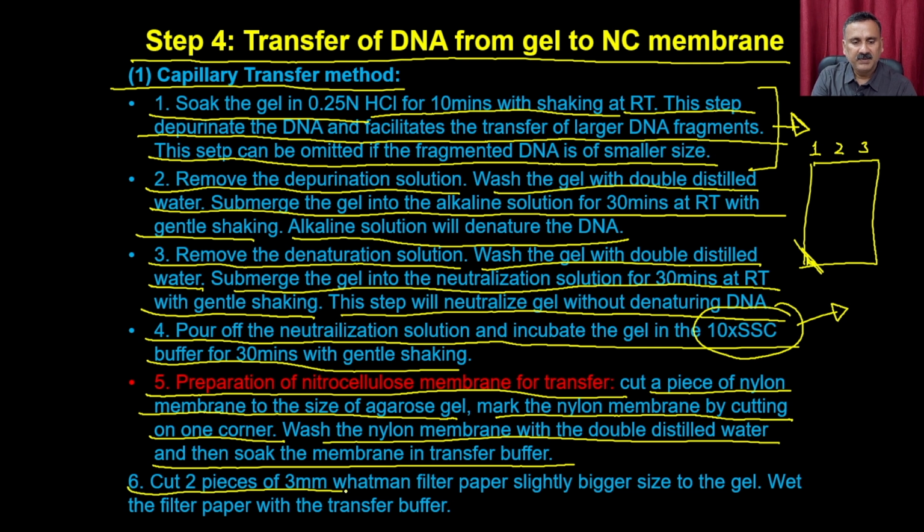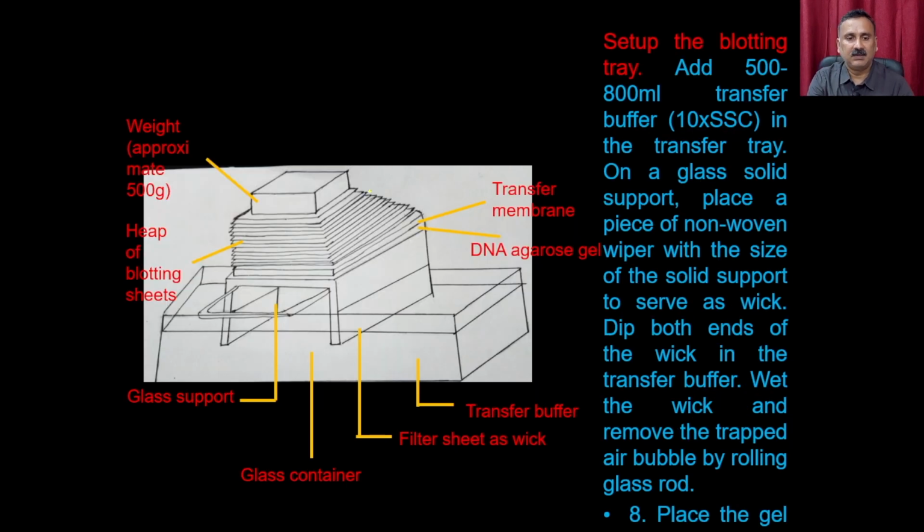Then you cut two pieces of 3 mm Whatman filter paper slightly bigger than the gel and wet the filter paper with the transfer buffer. And this is the setup that you are going to use for the transfer, where you are going to have the agarose gel, the transfer membrane, the blotting sheets, and then the weight.